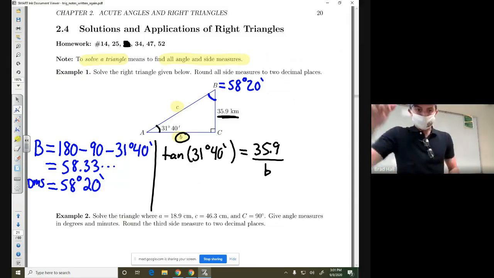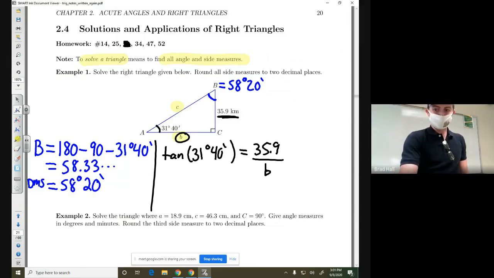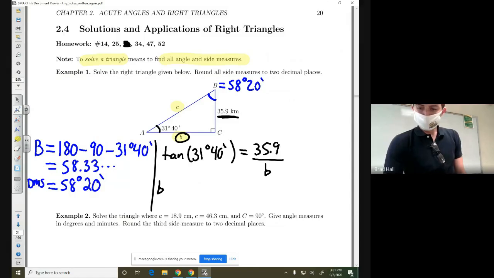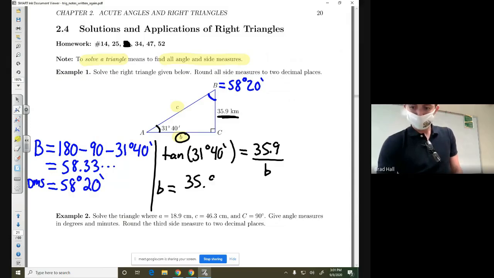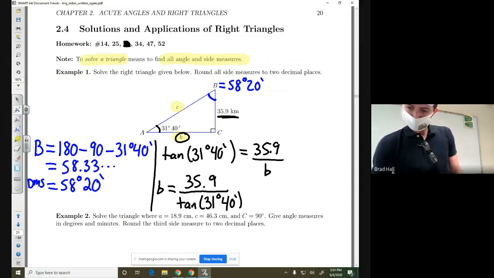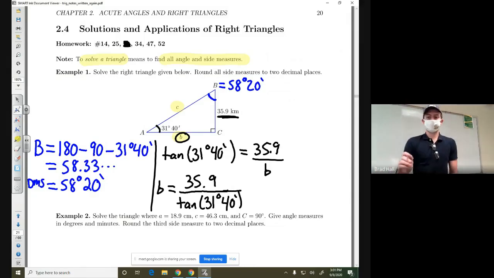So now we have to solve for B here in this problem. So B will end up being, I'm going to skip a little bit of algebra, because you would multiply both sides by B to clear the denominator, and then you would divide by the tangent to get B by itself.